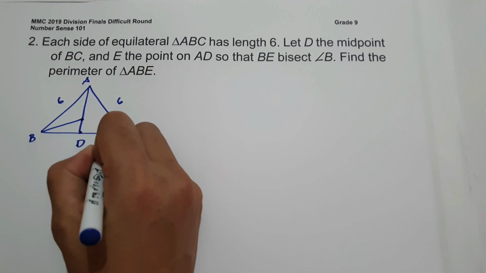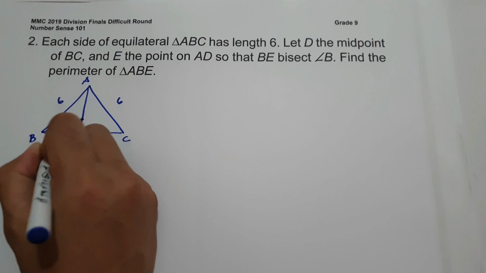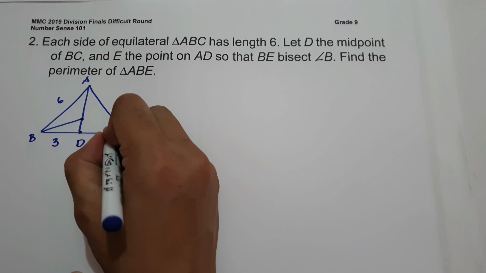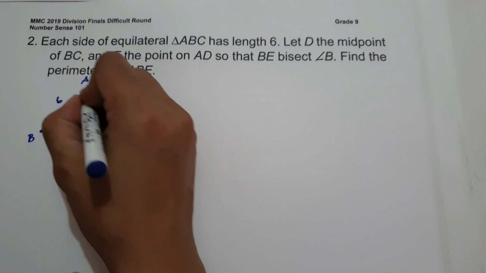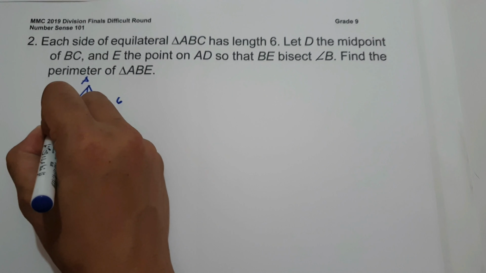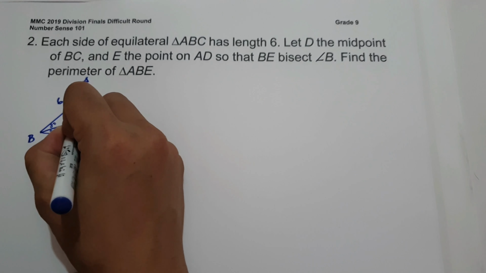This is 3 because D is the midpoint of BC. We all know that an equilateral triangle is an equiangular triangle, so the measure of each angle is 60 degrees. So this one is 60 degrees, this one is 30, 30, 30, and this one is 60.